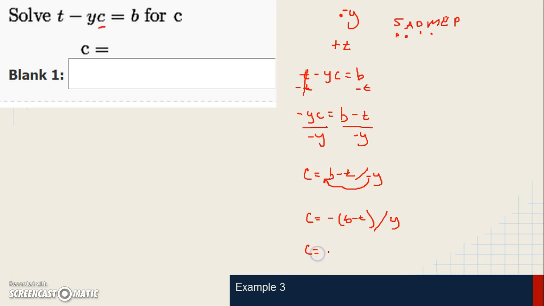So c equals negative b plus t, divided by y. And I put this in parentheses so that I know that I'm adding before I divide. Order of operations tell me I have to divide first, so I want to make sure I throw that into parentheses. Negative b plus t are lowercase, divided by y is lowercase. That's the way that I would enter it into Schoology.